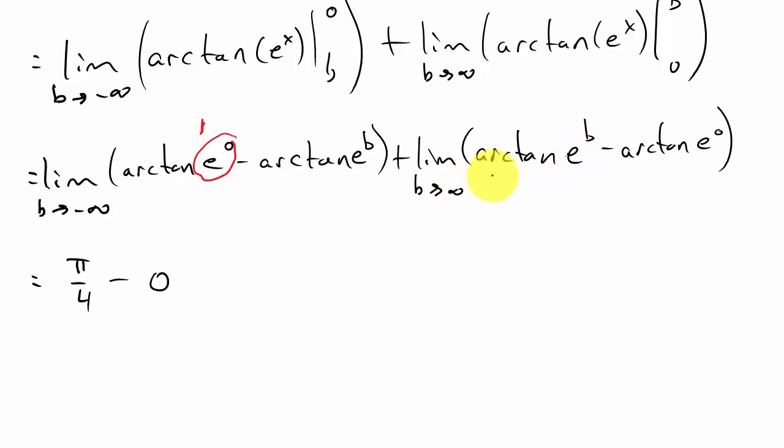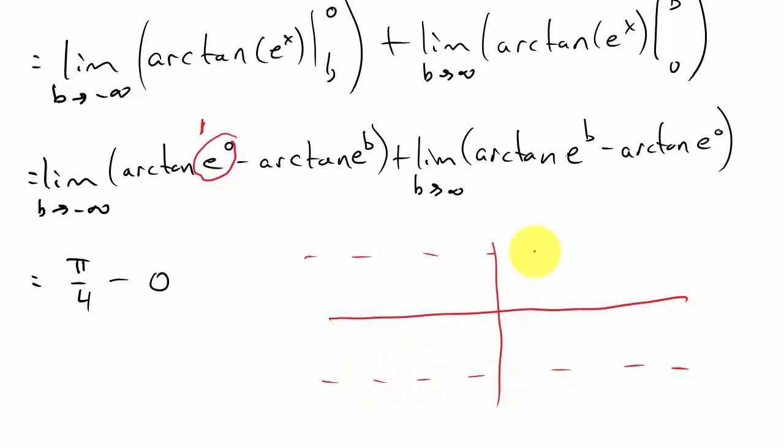Now let's look at this one. As b gets bigger, e to the b is getting bigger, because b is going to infinity. What's the limit of arctan as it's going to infinity? Let me just sketch this real quick. Remember what the graph of arctangent looks like?